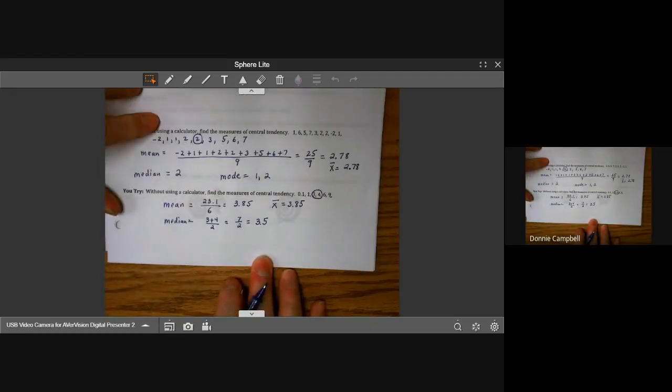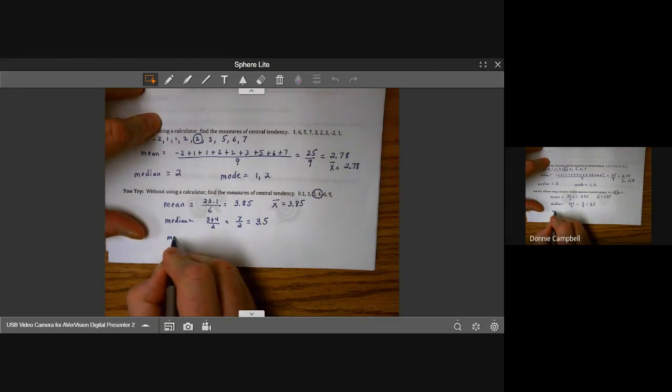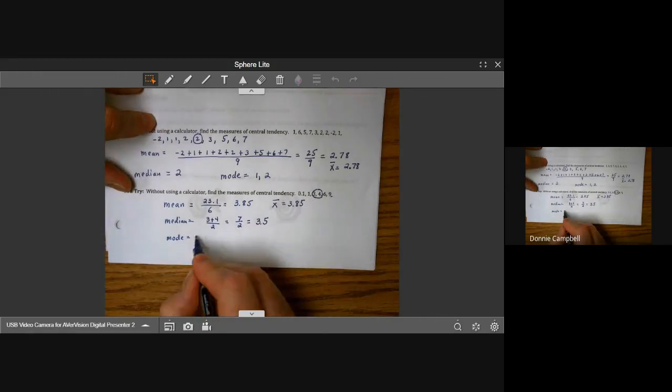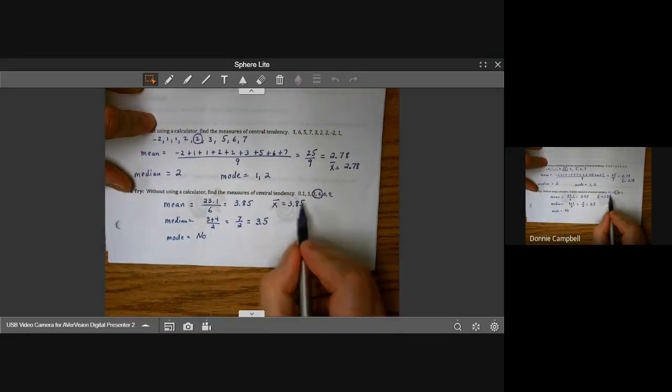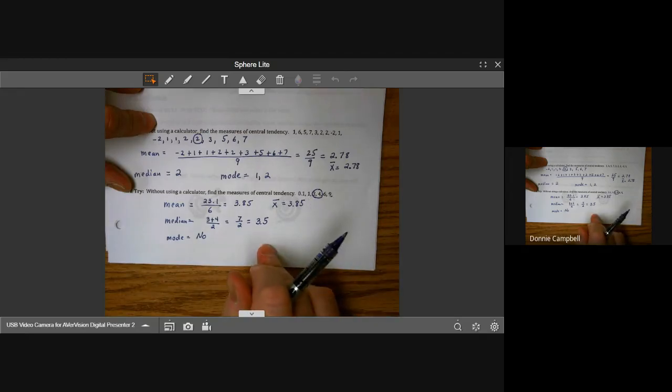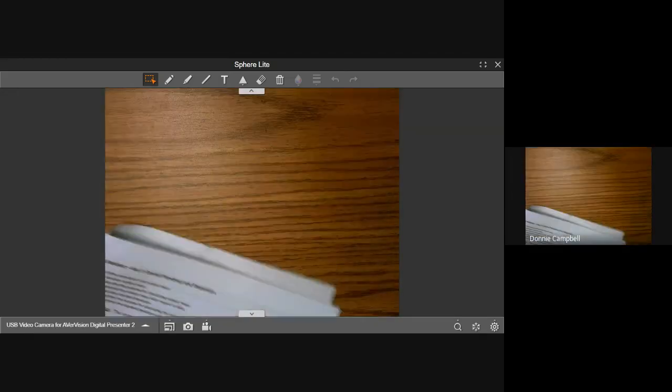And then your mode is the one that occurs the most. And this one here does not have one because they all occur once. Doesn't have a mode. You got 0.1, you got 1, there's none of them that are the same. Okay. All right. Now let's turn the page.